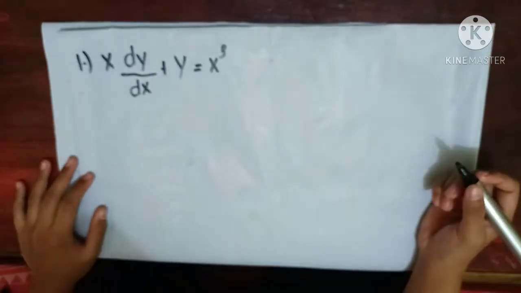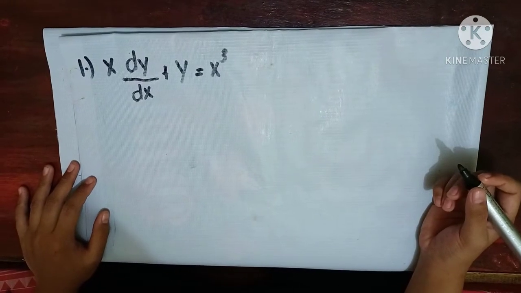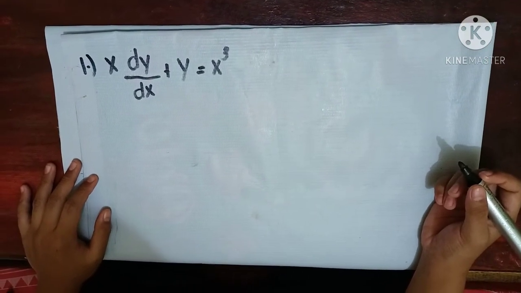Let's try some examples. Example number 1: we have x times dy over dx plus y equals x cubed.